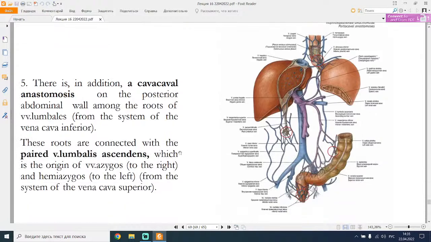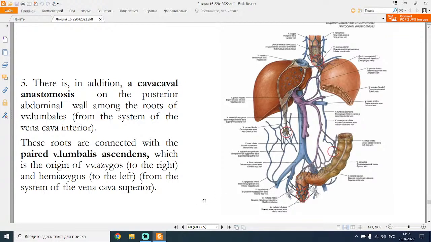There is in addition the cava-caval anastomosis on the posterior abdominal wall among the roots of vena lumbalis from the system of the vena cava inferior.